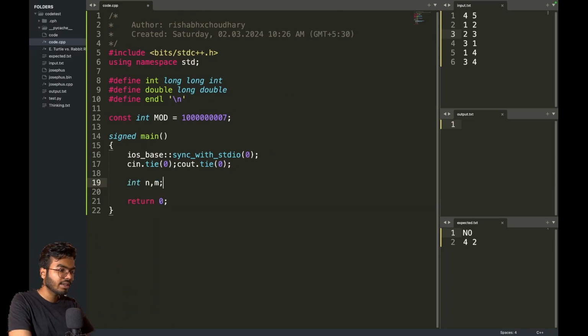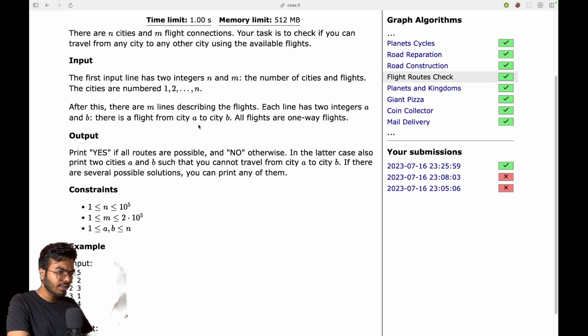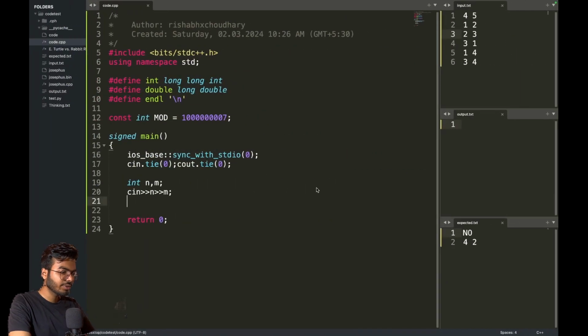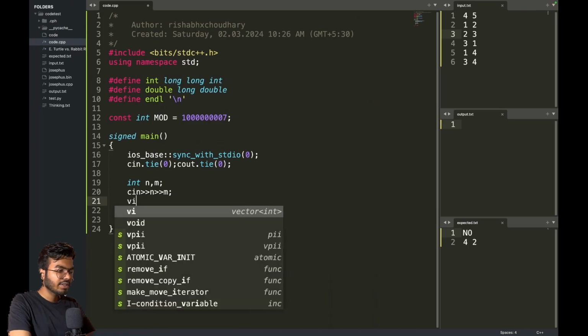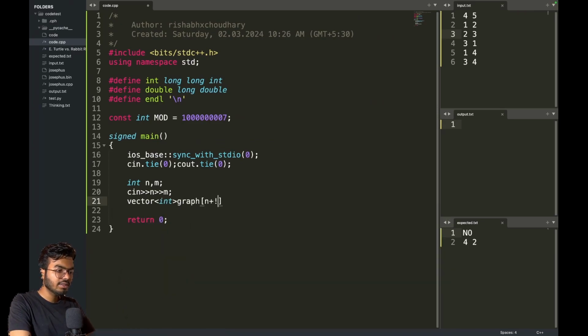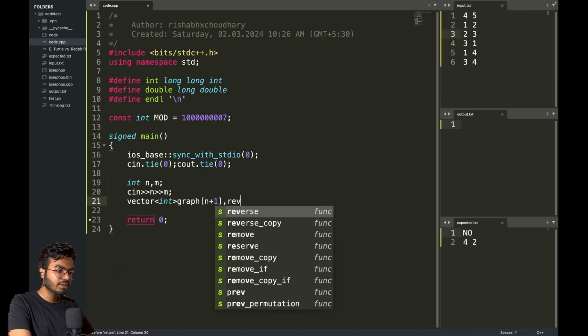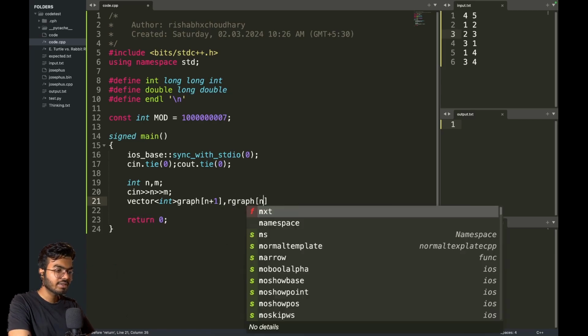So let's take in n and m. Then there are m edges. Let's say vector of vector int graph of n plus 1. And since we are using the Kosaraju algorithm, I will also need to maintain a reverse graph, so let's call it rgraph of n plus 1.